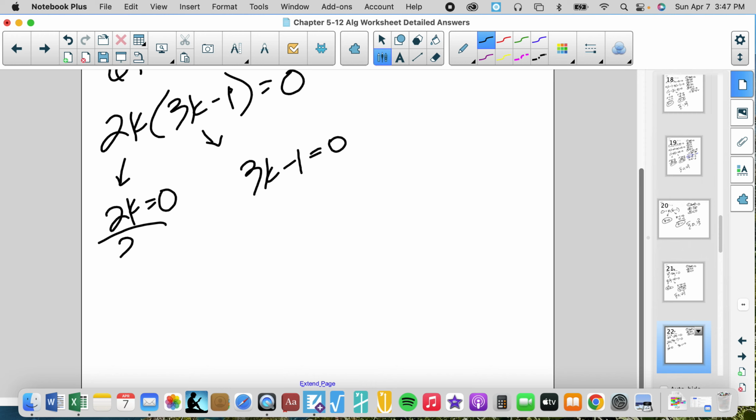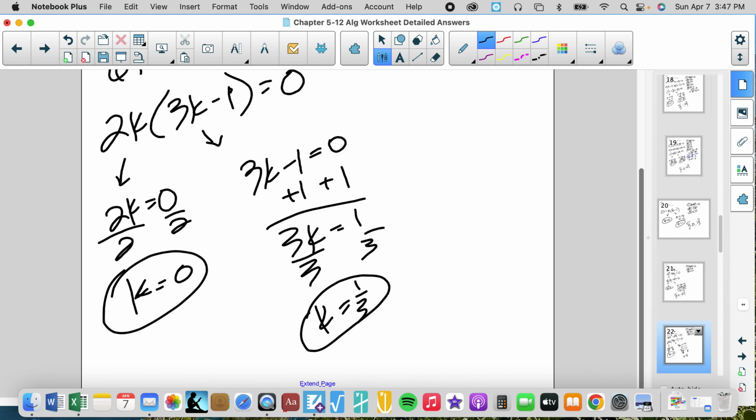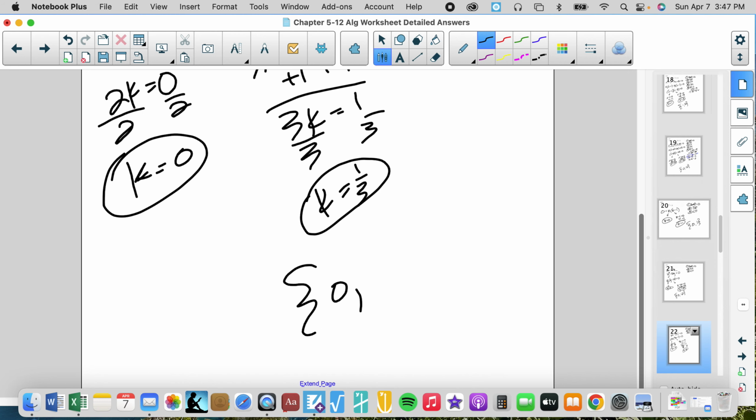We're going to divide by 2. K equals 0. And add 1. 3k equals 1, divide by 3, k equals 1/3. Numerical order, 0, 1/3.